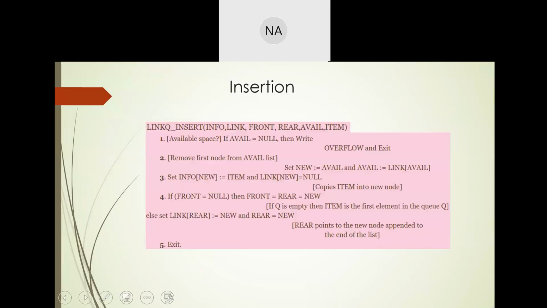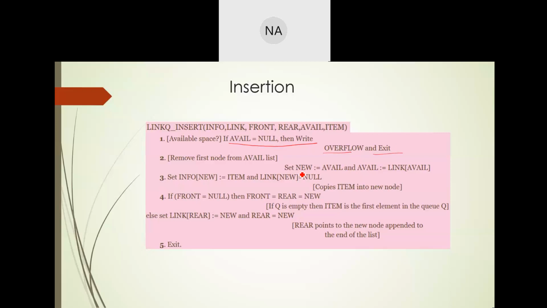This is the insertion algorithm when you consider the avail list. If you consider the avail list, then you must consider the overflow condition, right? So check if some space is available in the avail list. If avail is equal to null, then write overflow and exit. And if there are some nodes in the avail list, then you will remove the first node from the avail list.